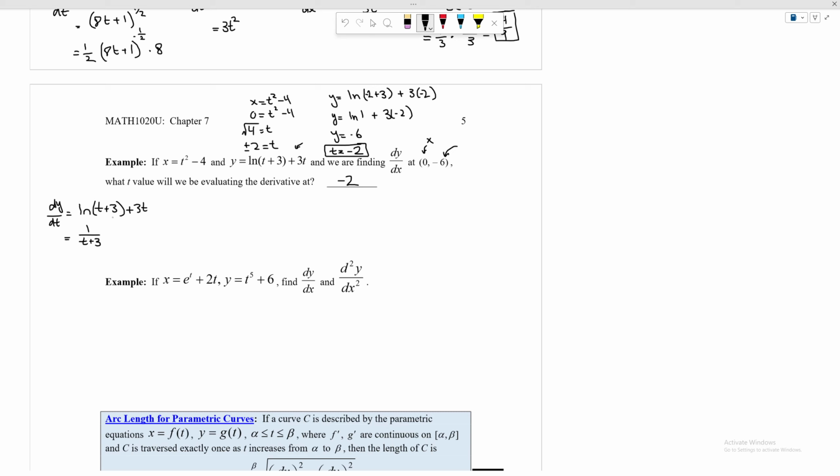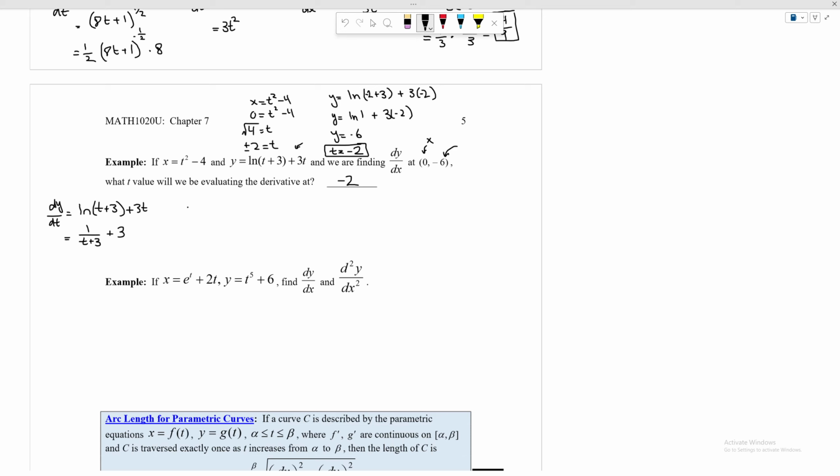The inside's derivative is 1, because your derivative of t is just 1 and your derivative of 3 is 0. 1 plus 0 is 1, times whatever this is stays the same, plus my derivative of this, the derivative of 3t, which is 3. I did not mess that up. Yeah, that should be right.